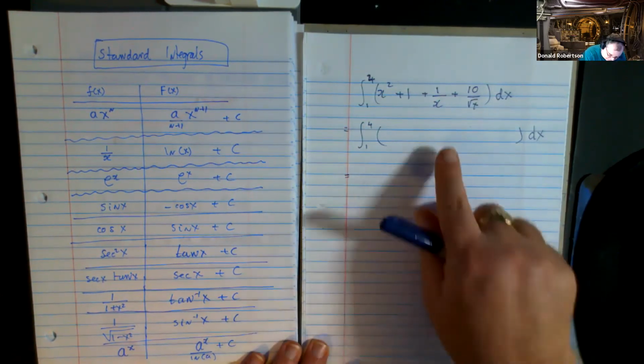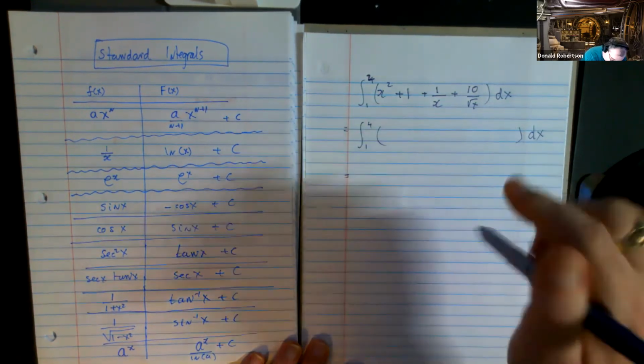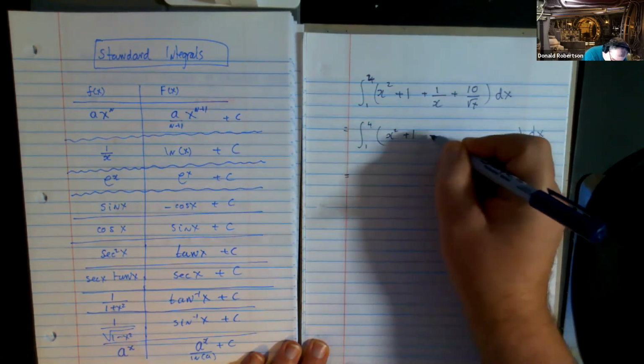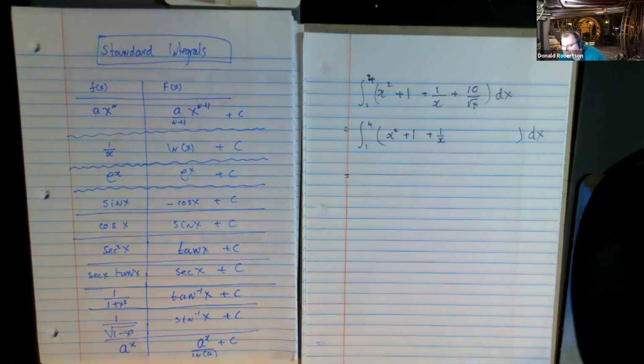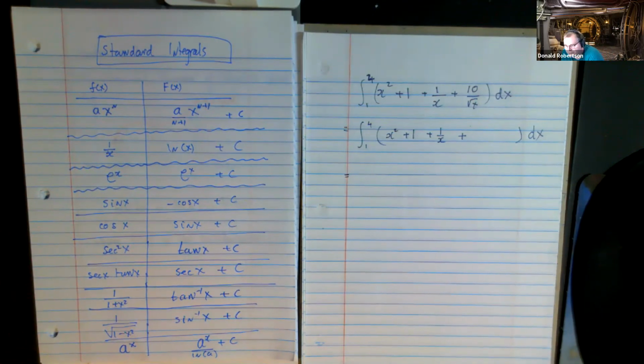And it might look like 2 terms need to be fixed, but actually only that one needs to be fixed. So I'm going to leave the x squared alone, I'm going to leave the 1 alone, and I'm going to leave the 1 over x alone. Now, if it'd been 1 over x squared or something different, I would have fixed it, but I don't need to fix it. The one that I do need to fix is this ugly 10 over square root of x guy.